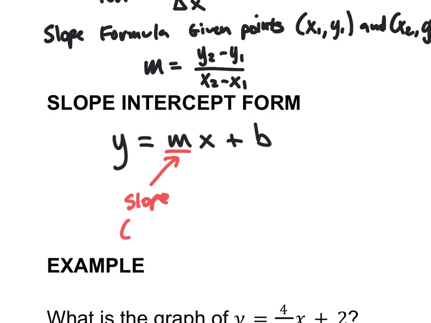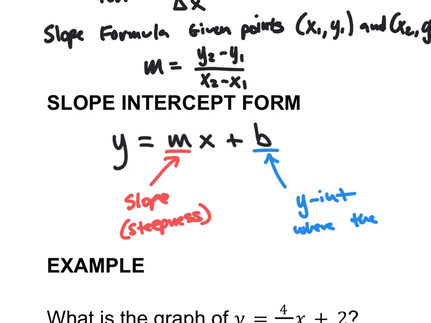Okay, remember that this is a measure of steepness, and that the b value, this is your y-intercept, okay? And this is where the line crosses the y-axis. So that's the idea.